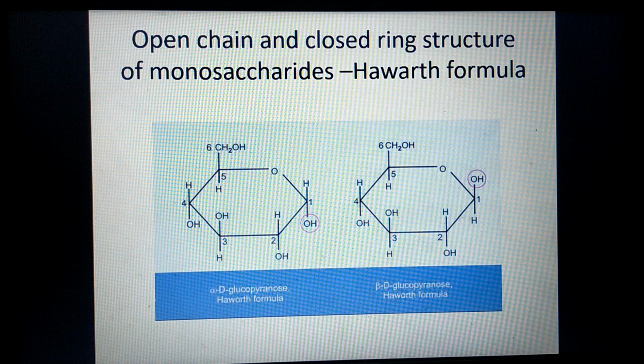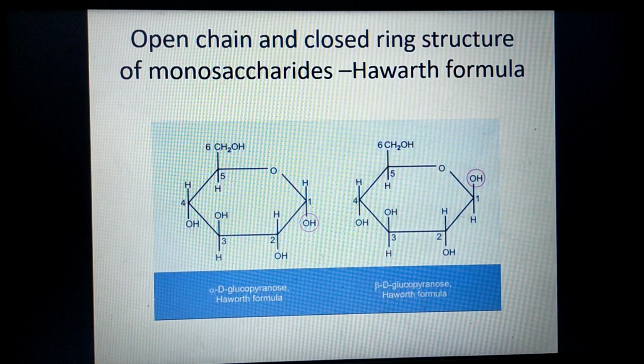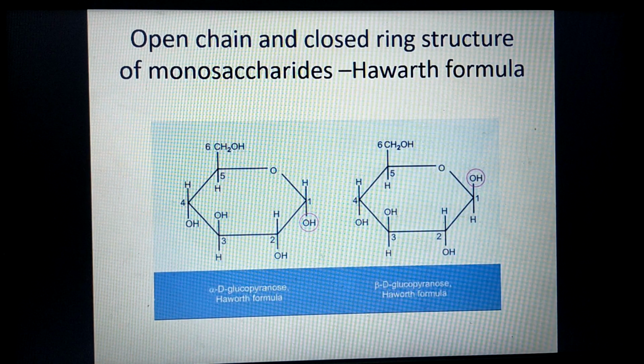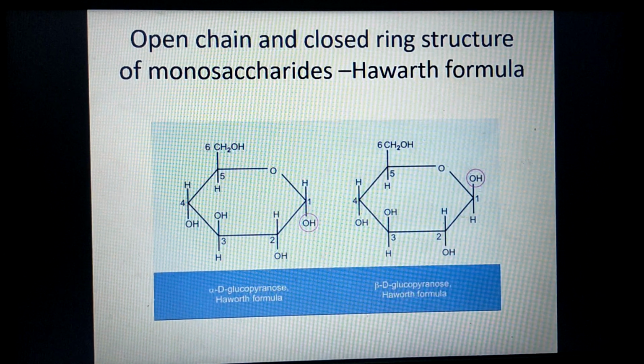On the functional group, if OH is present on the lower side, it is called alpha in case of the pyranose structure, and if this OH is present above the plane, on the upper side, then it is called beta D glucopyranose. So in this way, the structures of monosaccharides are represented.